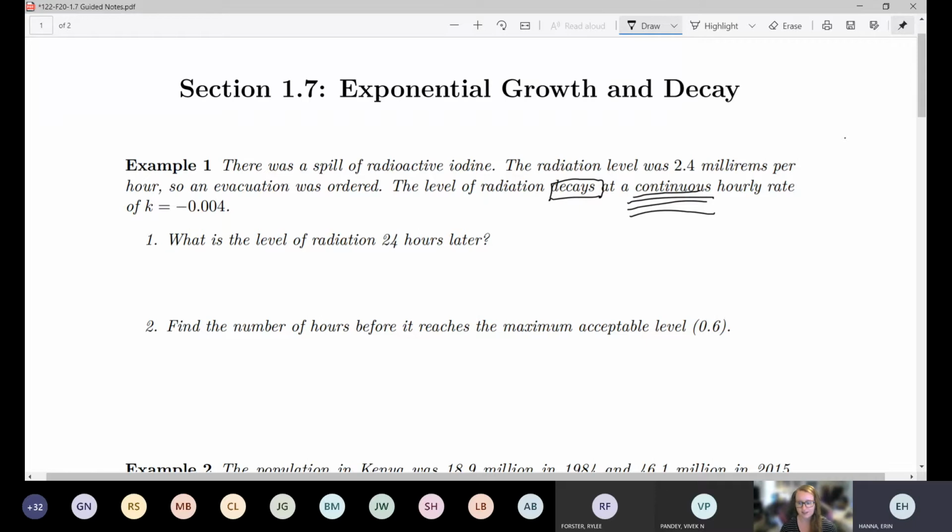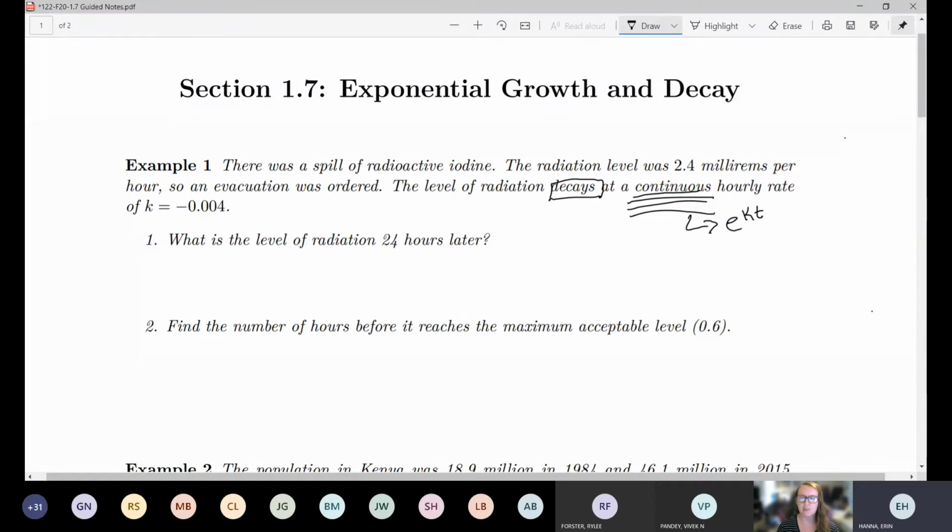So since we have continuous in the question, we know we're going to use the e to the kt form. And they were nice and they named it K, but even if they name it K, you need to triple check that you have the word continuous, because they could try to be tricky and just say hourly rate without continuous and just call it K for giggles.